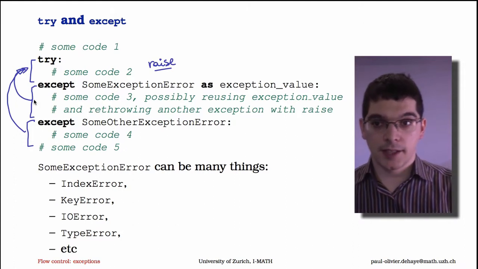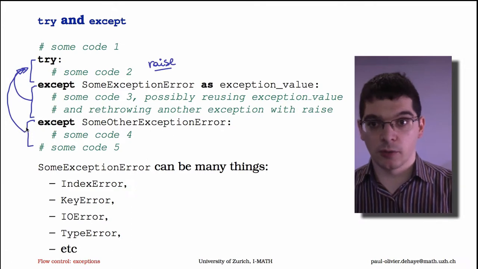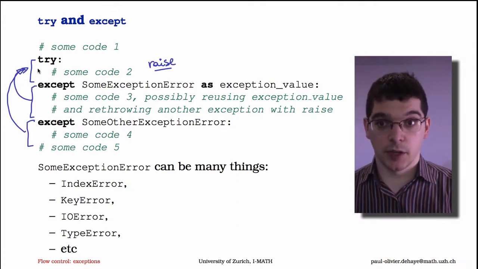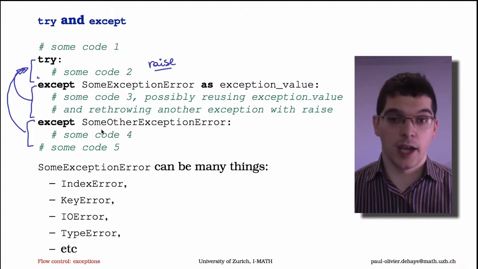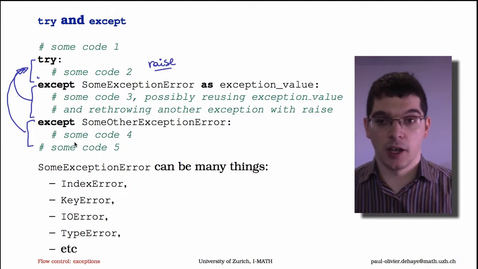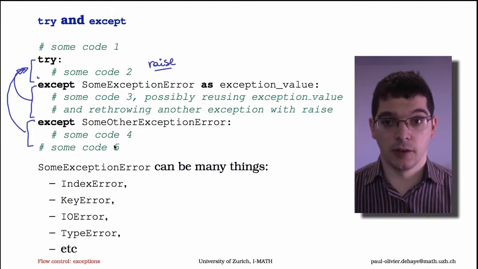All right, I said here that several code blocks were watching this body here, and indeed, it could be that the exception thrown does not match some exception error, but actually matches some other exception error. And then instead, we'll do some code 4.